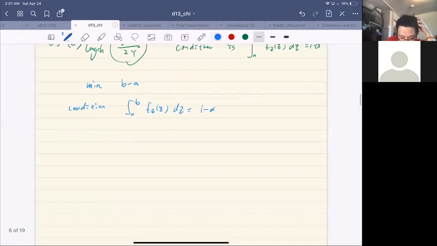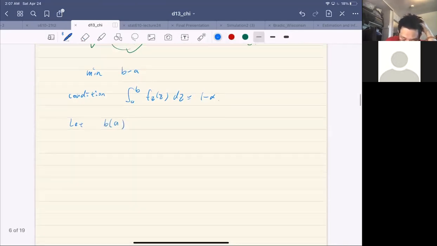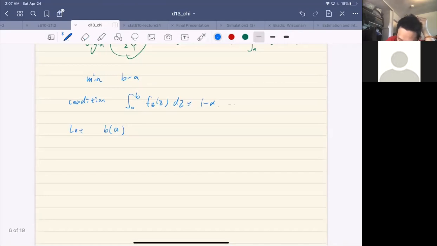The way to do that is I want to express B as a function of A. So we let B be a function of A. And we can find the derivative of the condition.